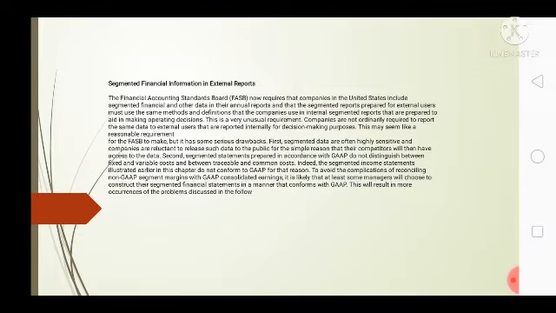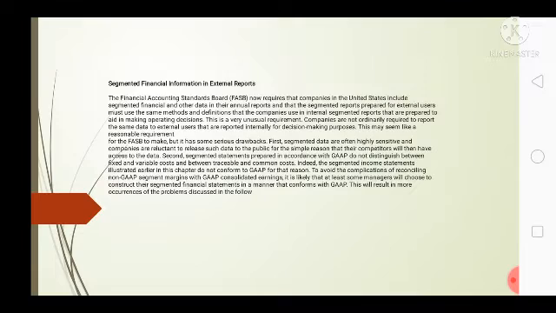This may seem like a reasonable requirement for the Financial Accounting Standards Board to make, but it has some serious drawbacks. First, segment data are often highly sensitive, and companies are reluctant to release such data to the public, for the simple reason that competitors will have access to the data. Second, segment statements prepared in accordance with GAAP do not distinguish between fixed cost and variable cost, or between traceable and common cost.